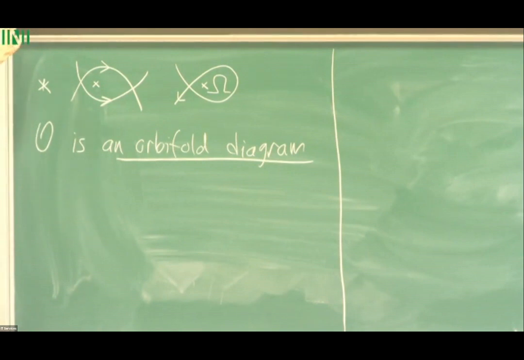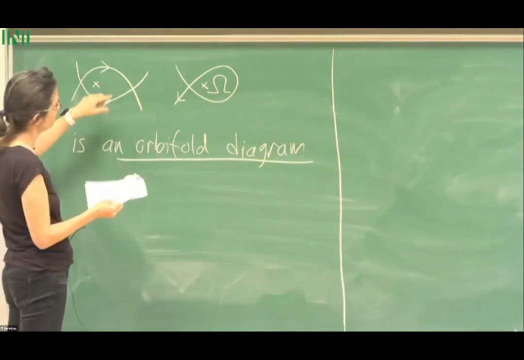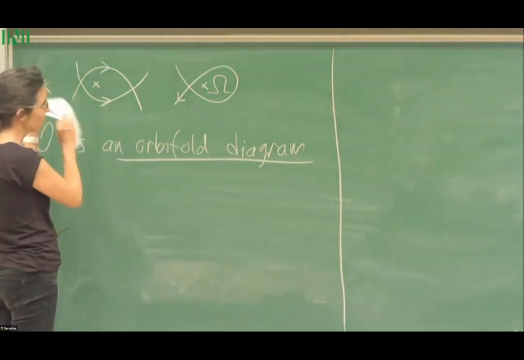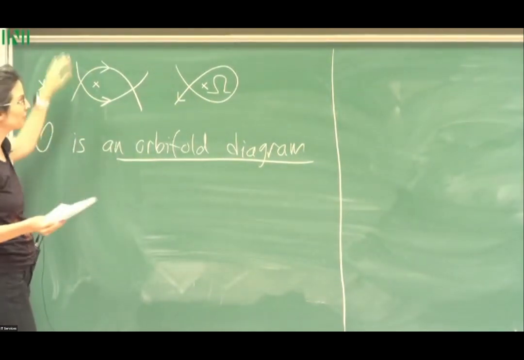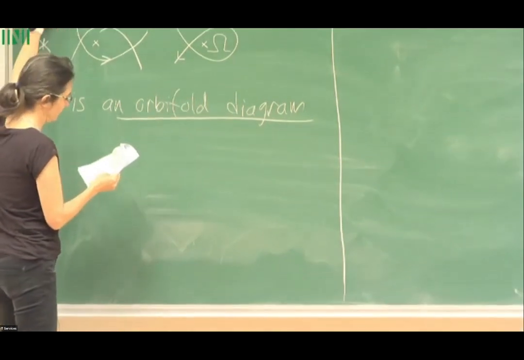The order of the orbifold point wasn't involved anywhere, but there's an extra condition, so it has to be in a way that when you try to symmetrize it, you don't get forbidden things in the Postnikov setup. So these are the conditions.